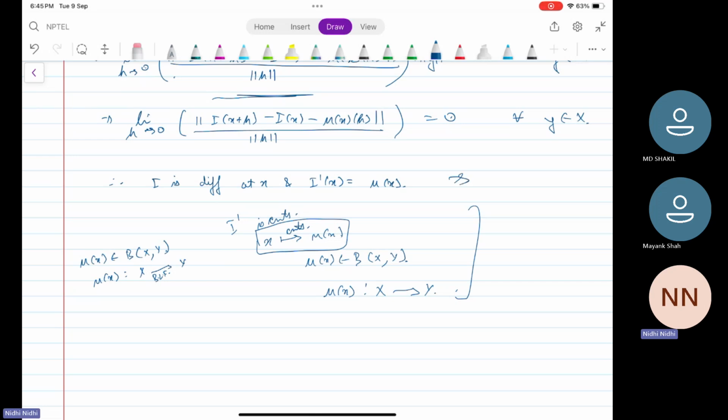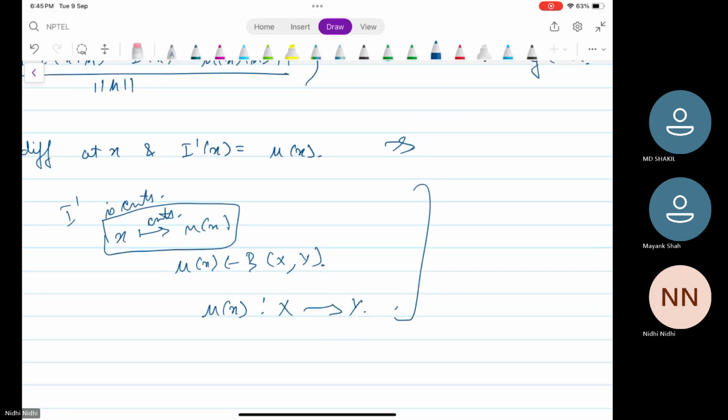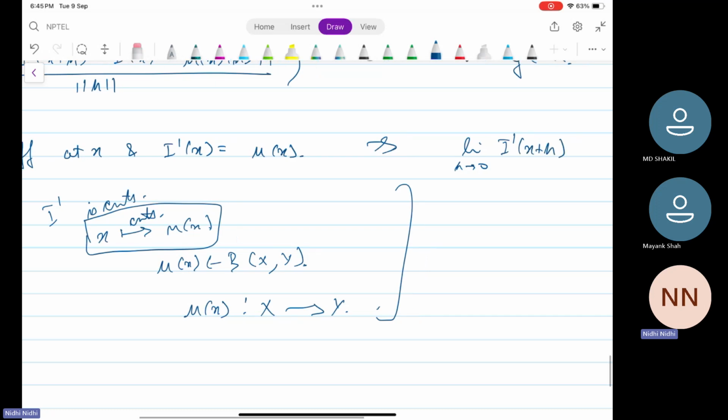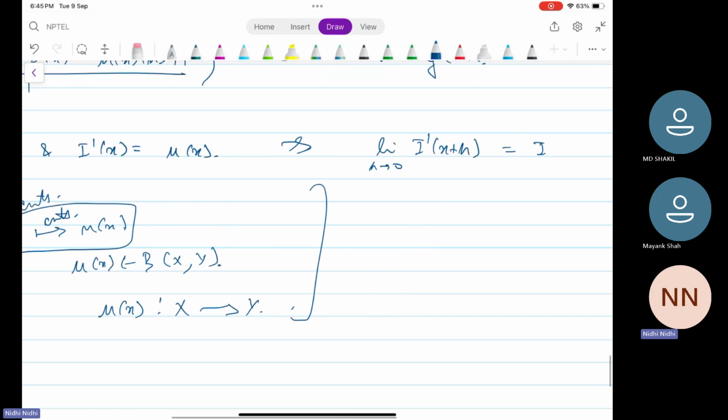There is some point I am missing. Can we check the limit h tends to 0 of I dash x plus h minus I dash x is 0? If we prove that this is equal to I dash x.